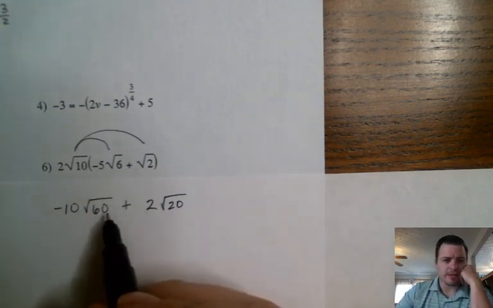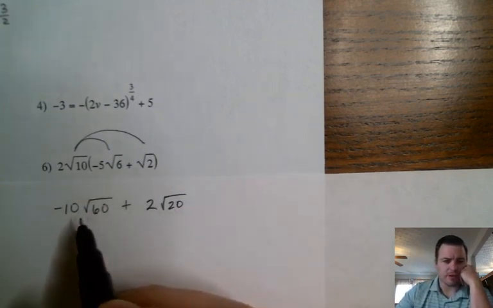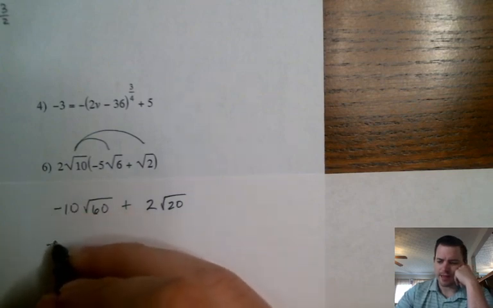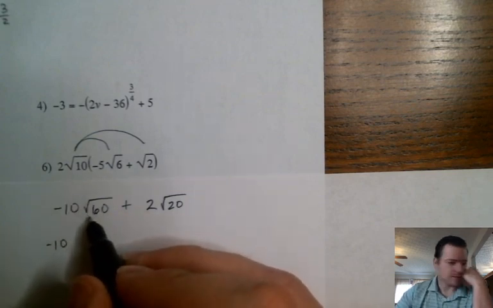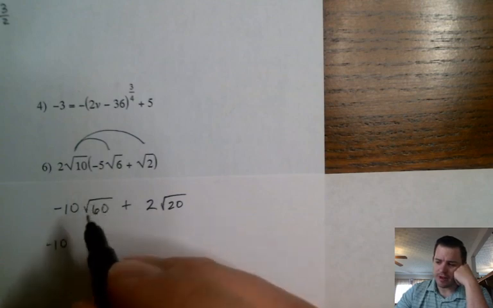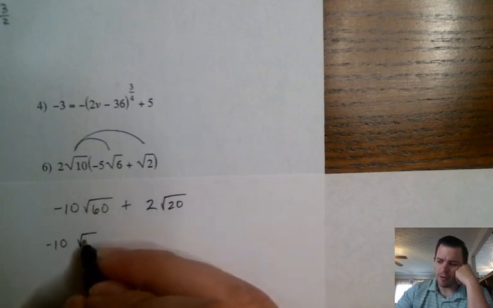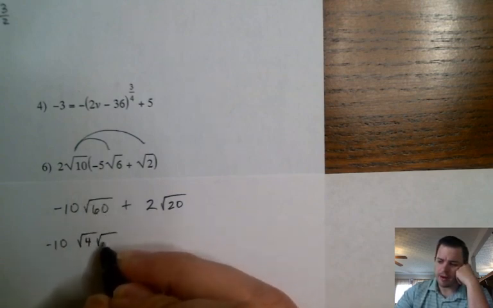Then here we need to simplify each one of these square roots. Simplify those down. So we got negative 10. And this right here would simplify to radical 4 and radical 15.